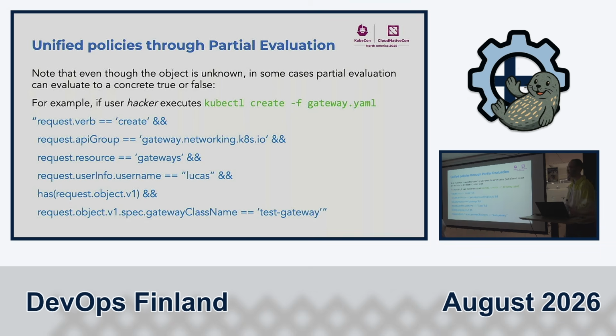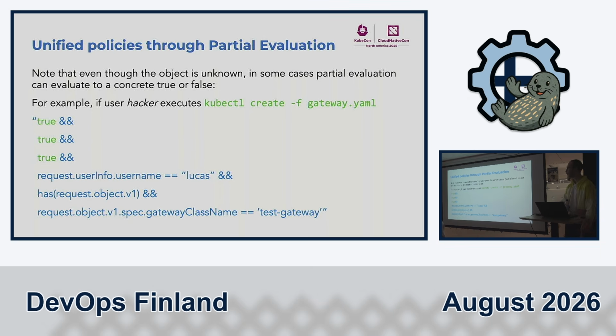On the flip side, if there was an attacker, a user that was not Lucas, that did exactly the same request, the same everything, now we would say that, okay, the verb is create, that's true. The API group and resource matches, that's true. But now the predicate here is that the username is Lucas, and in this case, say the username is hacker or something like that, or Bob.